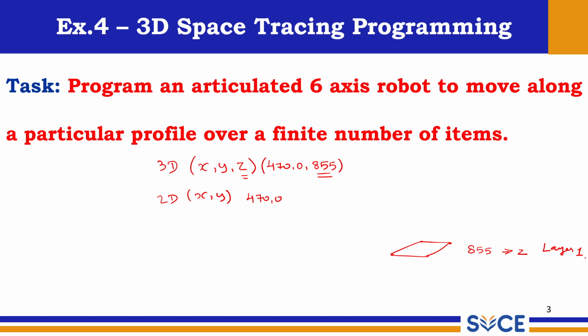Now you can either advance the robot or retract it; you decide what you want to do. For example, I want to advance the robot by 100 mm, say to 955. This will be Z1, and I call this layer 2.